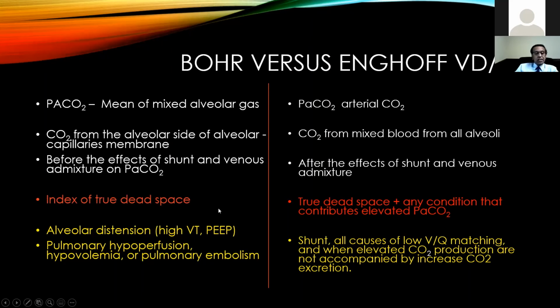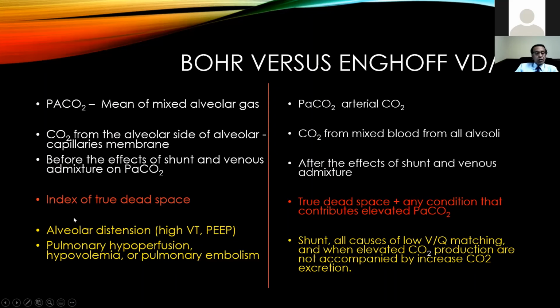So Bohr's dead space is an index of true dead space, whereas Enghoff's modification of Bohr's dead space reflects true dead space as well as any condition that contributes to the elevated PaCO2, such as a shunt fraction, or any condition where the CO2 is elevated and is not accompanied by an increase in CO2 elimination.